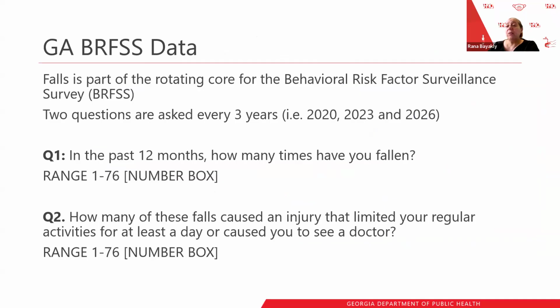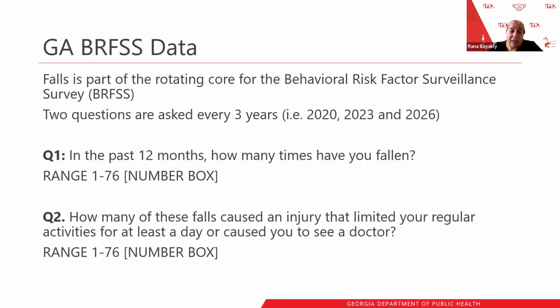The other data source that we have is the Georgia Behavioral Risk Factor Surveillance System. And we had falls for a few years, 2020 and 2023. The BRFSS is a telephone survey where we call people on the phone and ask them questions related to their health behaviors.